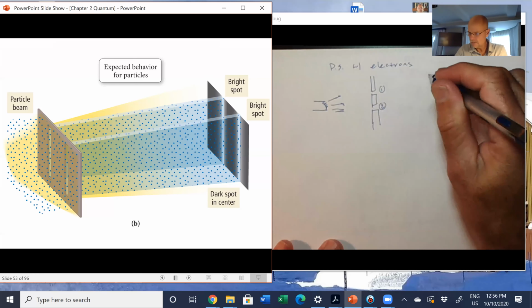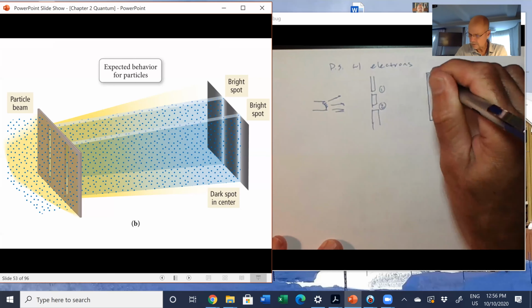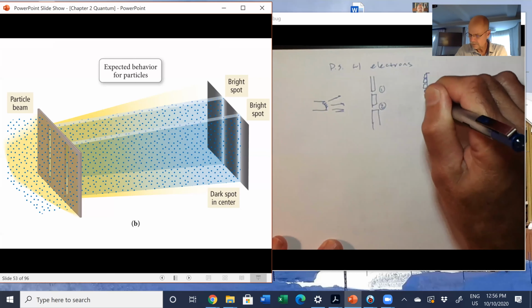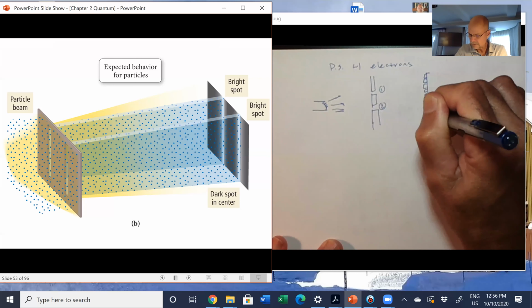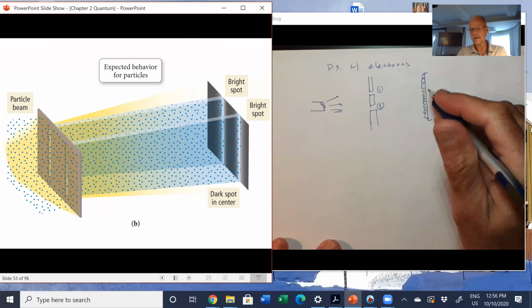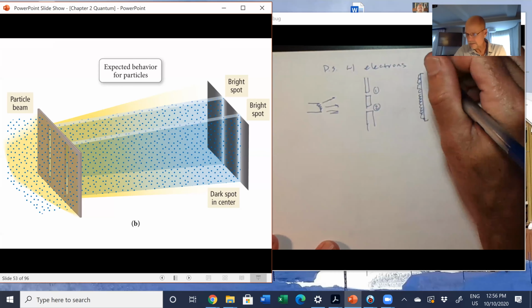And then over here, we're going to put an array of electron detectors. Right, a whole bunch of little electron detectors. All right, and these electron detectors can detect electrons. Whenever an electron hits it, you hear a click.